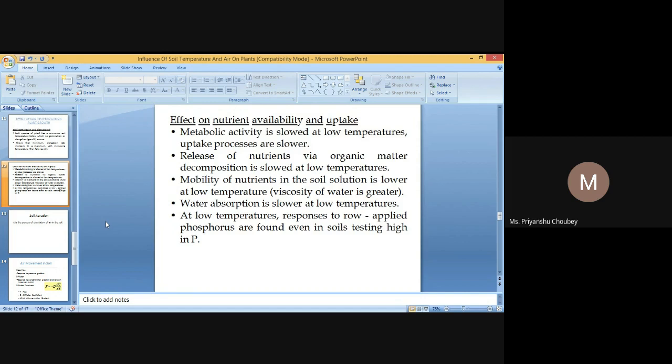Mobility: introduction of the root system brings into focus the proximity of the nutrient to the plant root, or the possibility of its reaching the plant roots for ultimate absorption.